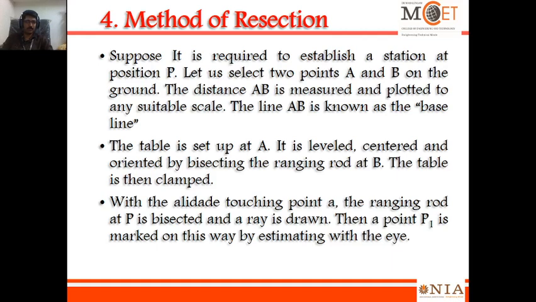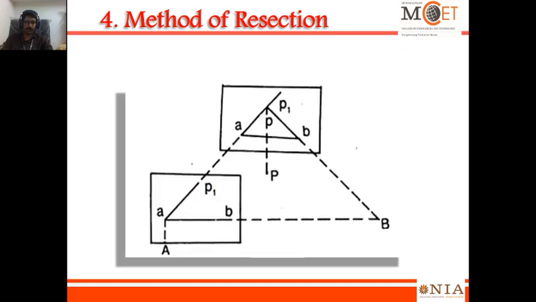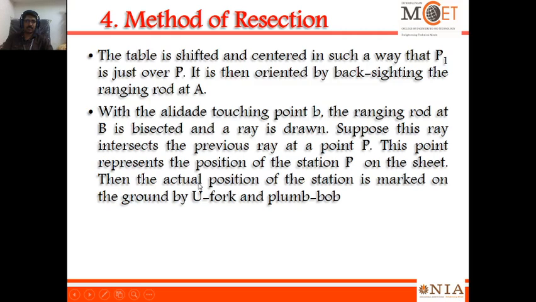We don't know the distance from A to P1, so just by eye judgment we plot P1. Next, the table is shifted and centered in such a way that P1 is just over the point P. The point required, we try to place the table over that point.